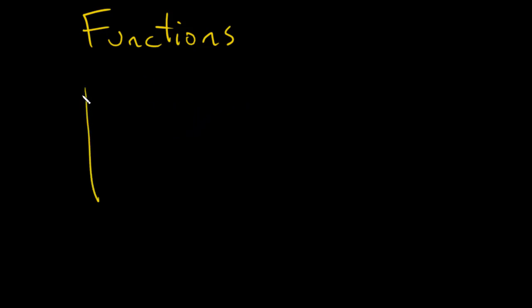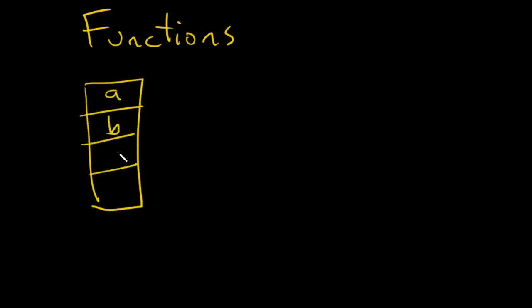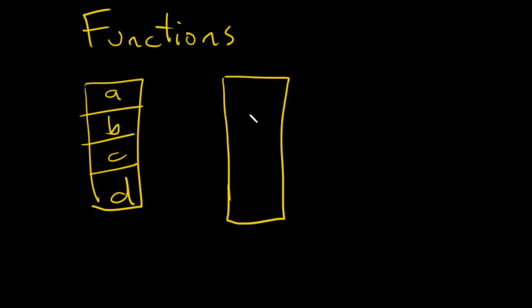So, here we go. We're going to start back with a little bit of a review. We're going to talk about, let me go to my favorite, that's going to be my yellow. We're going to talk about functions because that's kind of where we started a little bit ago after the last exam. And when we went over functions, we said that what makes a function is you have some list of inputs, maybe A, B, C, D, and then you've got some list of outputs, and maybe this is 3, 4, 5, 6.